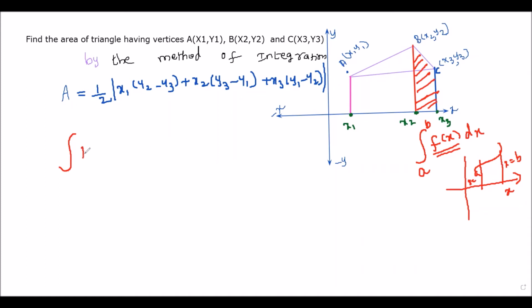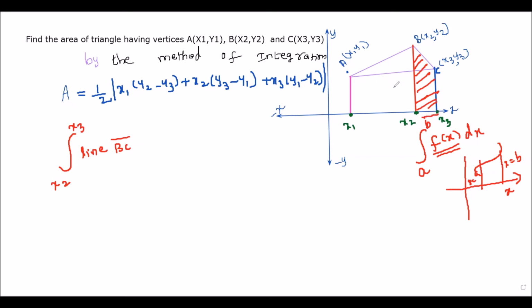Here the curve BC is nothing but the line BC, between the lines x equals x2 and, the blue line, x equals x3. So the red area is the integration of the line BC from x equals x2 to x equals x3 with the x-axis. So we wrote the first integration.